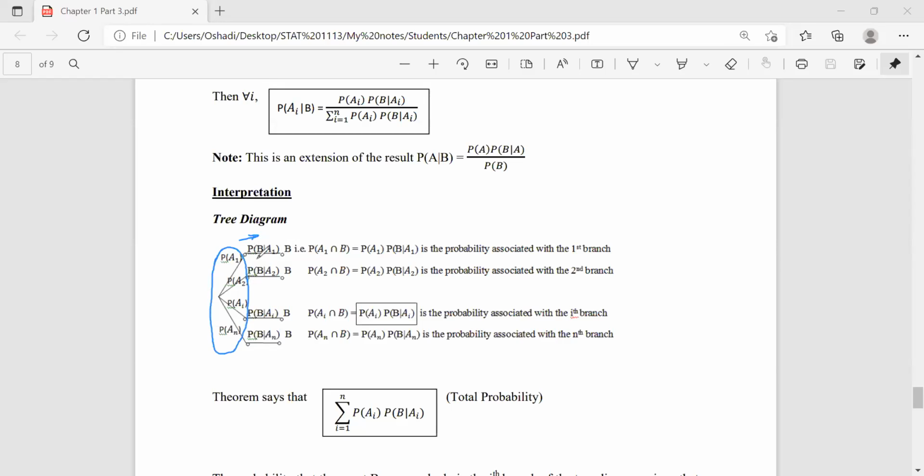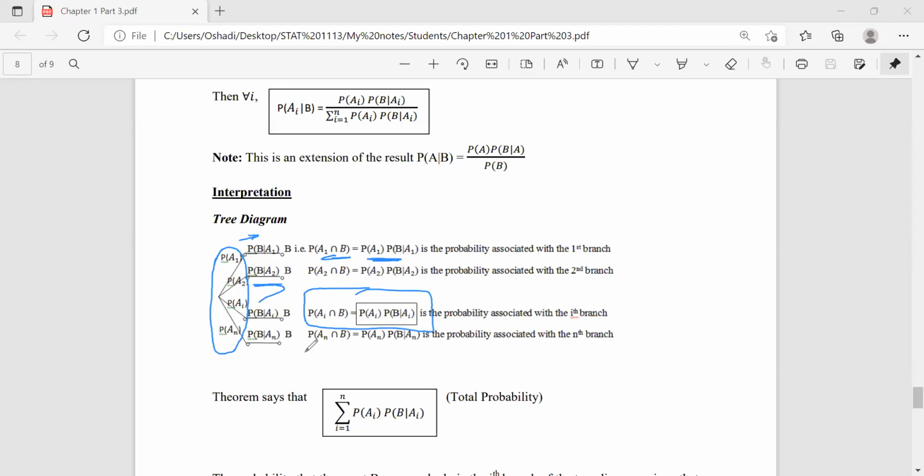That is the conditional probability, right? So it is P(A1 intersection B), which can be written as P(A1) into P(B given A1) using the conditional probability. So it is the probability associated with the first branch. This is the probability associated with the second branch. Likewise, this is the probability associated with the ith branch, and the last one is the nth branch.